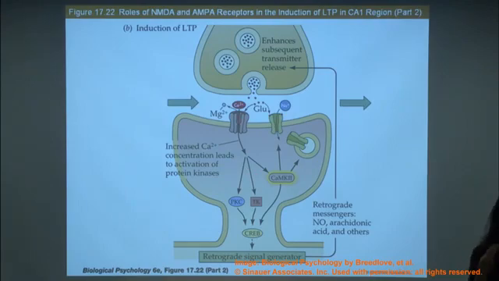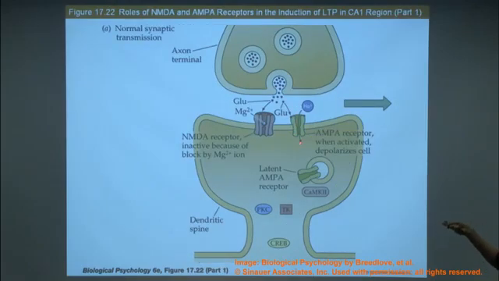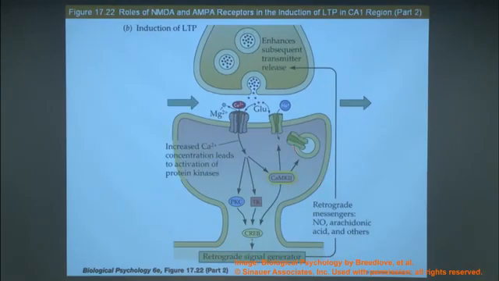Big deal. Now we have CaMKII activated. What does that do? Well, that does something very special. There are internal stores of AMPA receptors. These are the green regular AMPA receptors in this postsynaptic membrane. What activation of CaMKII does is it sends a signal to these AMPA receptors to insert into the postsynaptic membrane.